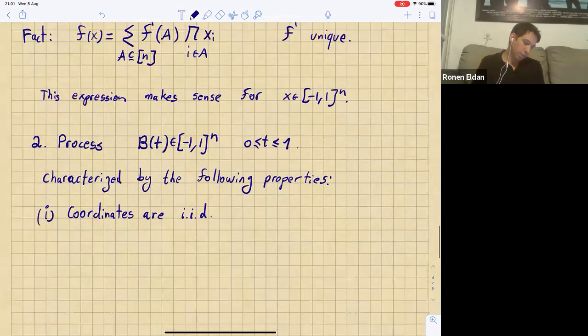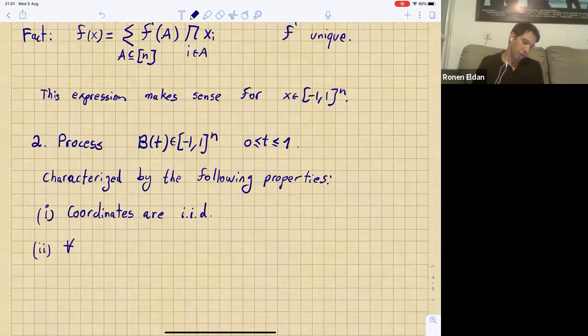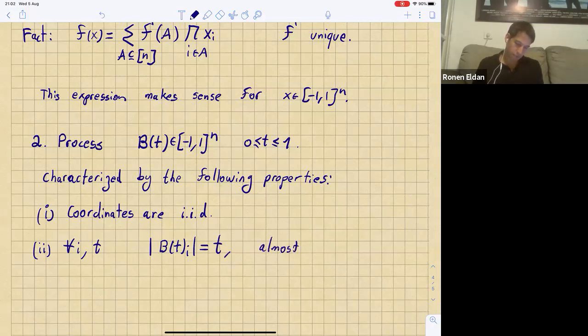The second property is that for all i and all t, Bt, the ith coordinate of B of t, is in absolute value almost surely equal to t, meaning that B_t^i is either plus t or minus t.